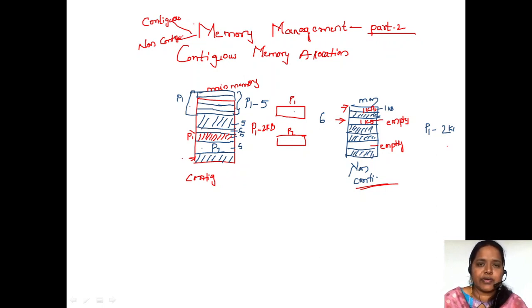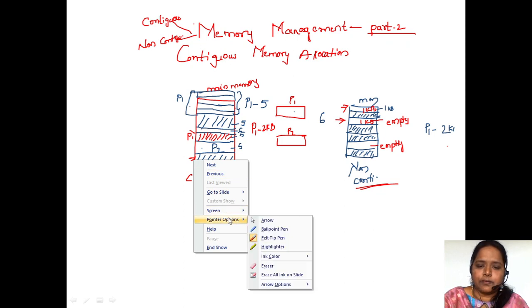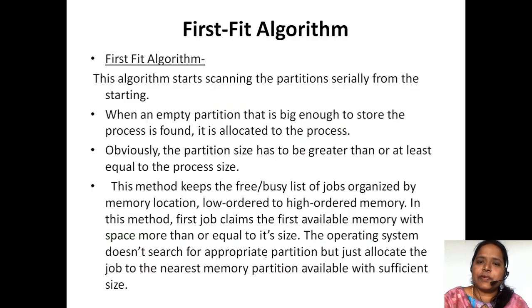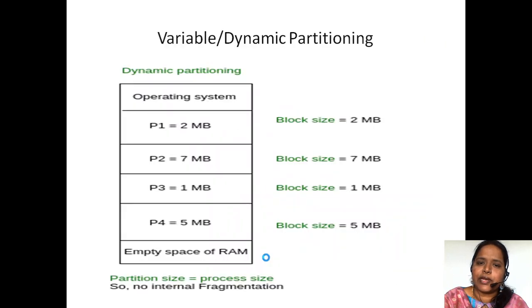That is the difference between contiguous and non-contiguous. I think you got the concept. Contiguous means one particular slot is given continuously for the whole process. Non-contiguous means if the space is not sufficient, we can give another space, whichever is free.